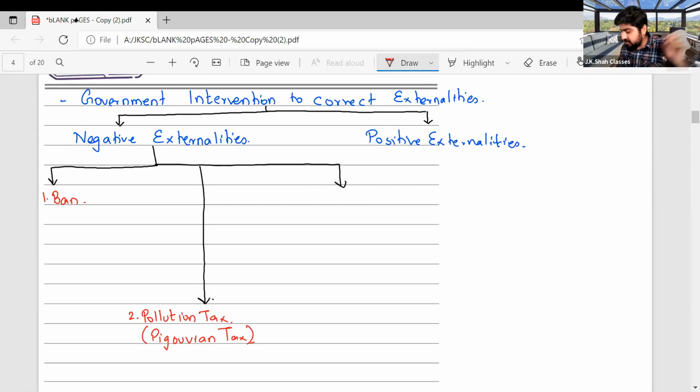Third one and last one. It is called tradable emissions permit.